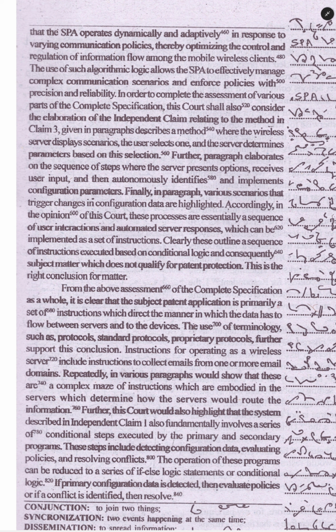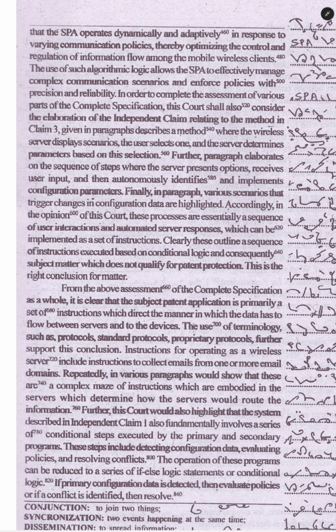In order to complete the assessment of various parts of the complete specification, this court shall also consider the elaboration of the independent claim relating to the method in claim 3. Paragraph describes a method where the wireless server displays scenarios, the user selects one and the server determines parameters based on this selection.